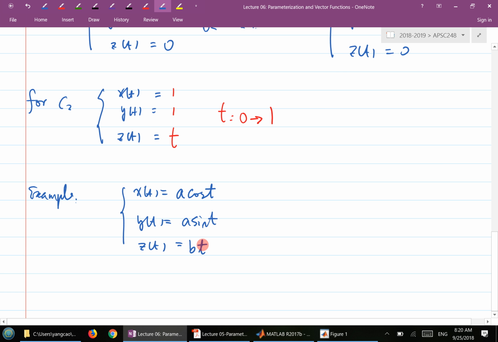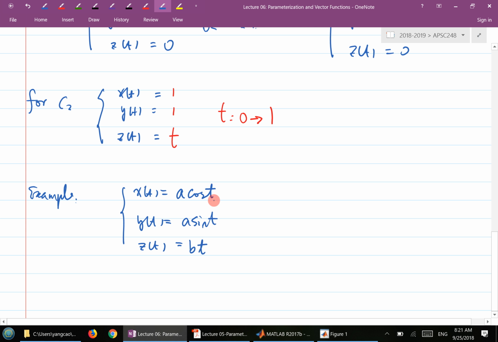You were given a parametric equation already here, and let's see if you can visualize what kind of curve this parametric equation represents in 3D space.